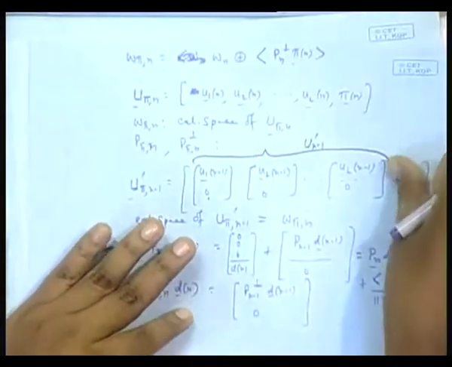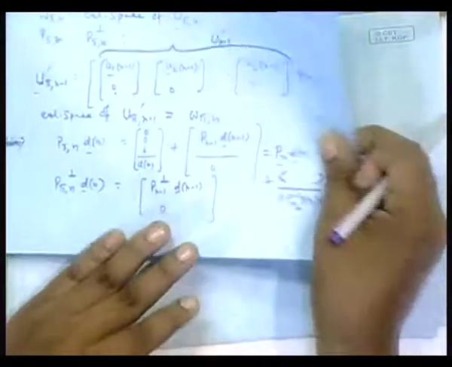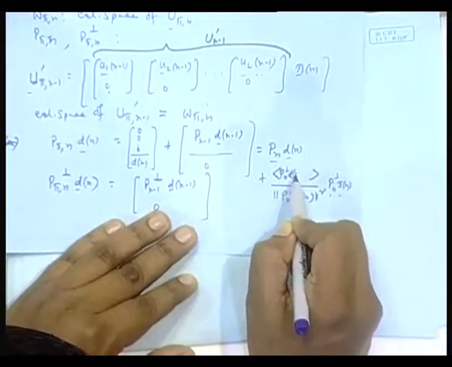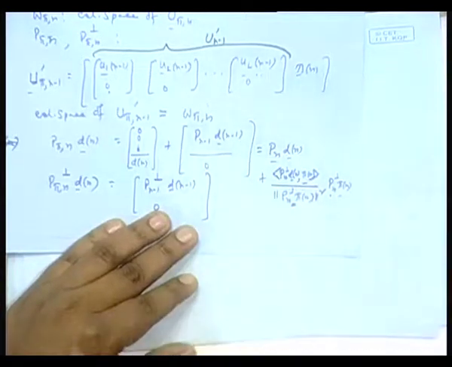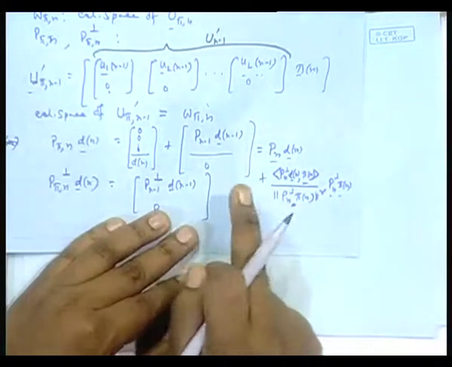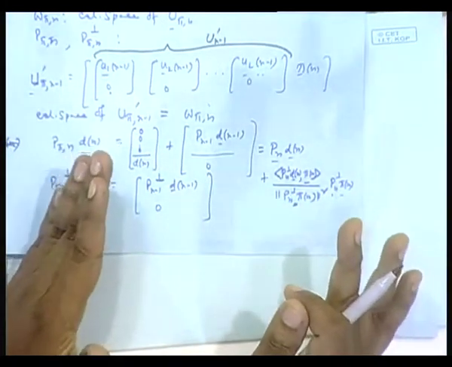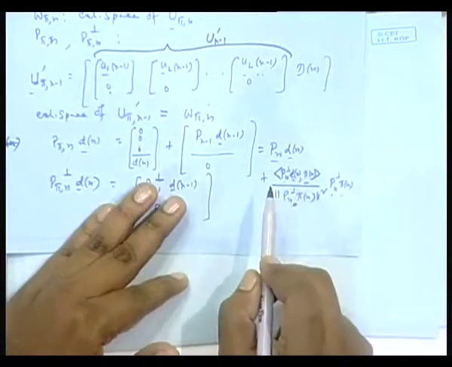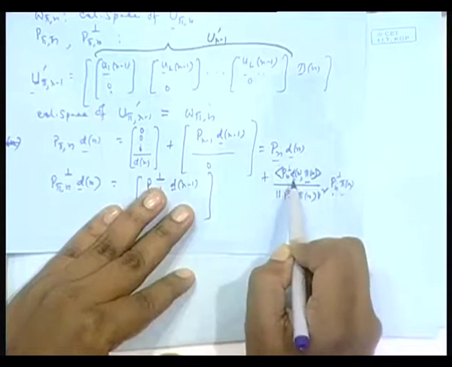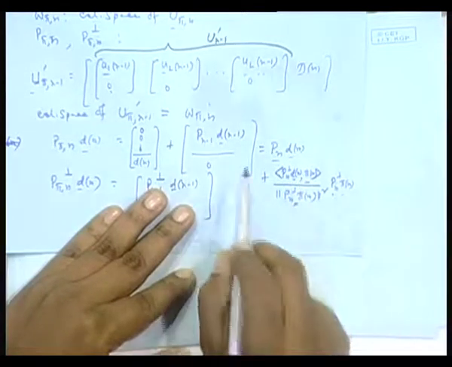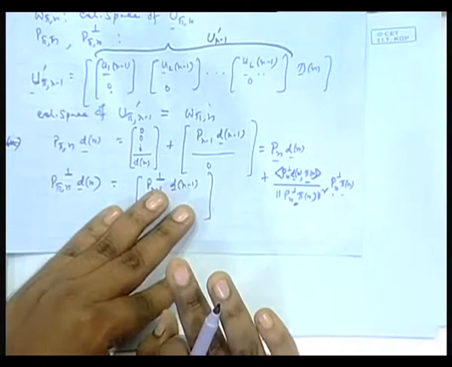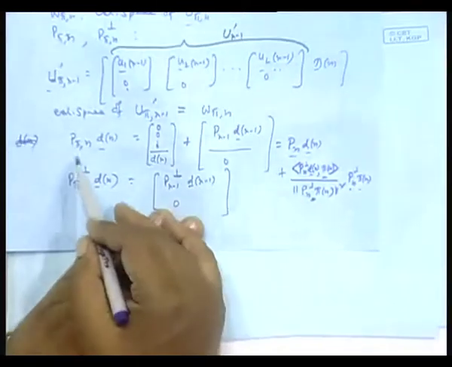I am not showing that step separately, there is sort of just space, you please understand. So, this can be written like this, pi n. When you do inner product between pi n and any other vector, you basically get the last component. So, this inner product will give rise to what? The projection error, if you take dn projected on this guy and the error, the last component of that error, isn't it? And this was only p pi n dn.